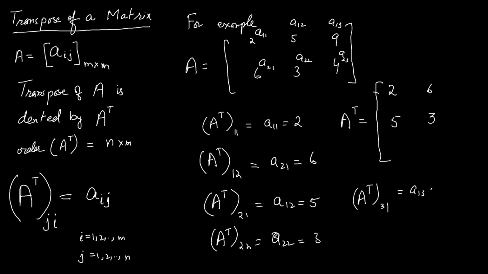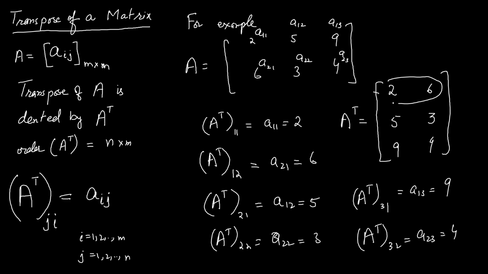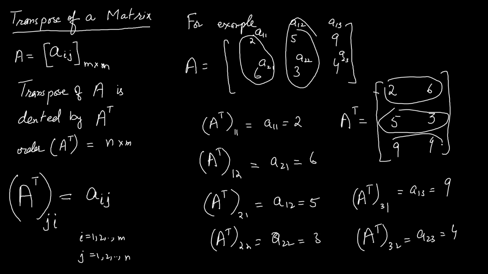We calculate the elements of the last row from the last column of A. Just notice that the first column of the matrix A has become the first row of A transpose. The second column of A has become the second row of A transpose, and the third column of A has become the third row of A transpose. So changing rows to columns or equivalently columns to rows results in the transpose of a matrix.